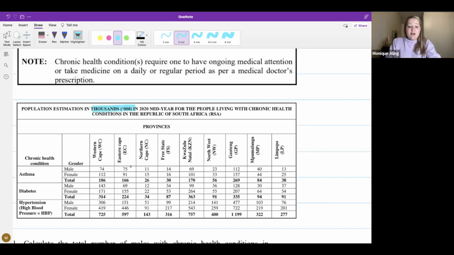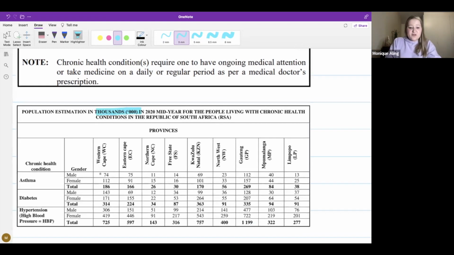If we look at the first one, this number 74, instead of writing out 74,000, they've just written 74. But because the heading says it's in thousands, we can read that 74 as 74,000 people, 74,000 males in the Western Cape have asthma.